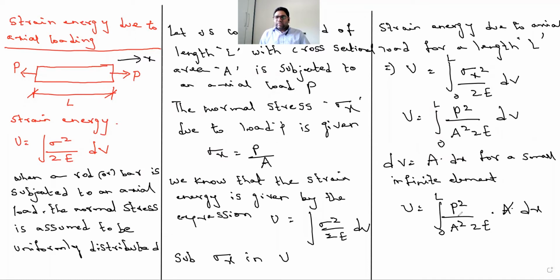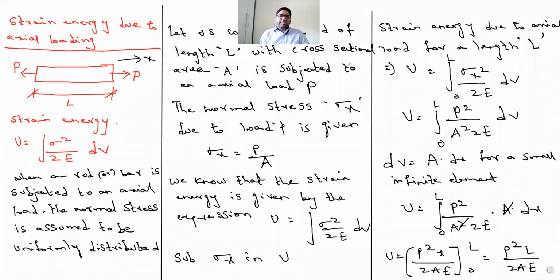Okay, so one A and A square will get cancelled. P square will be remaining. So when we integrate it, U is equal to P square into x by 2AE with limits 0 to L. That implies P square L by 2AE.